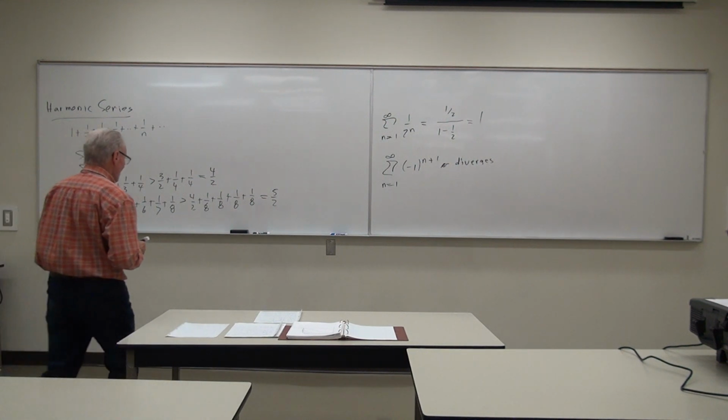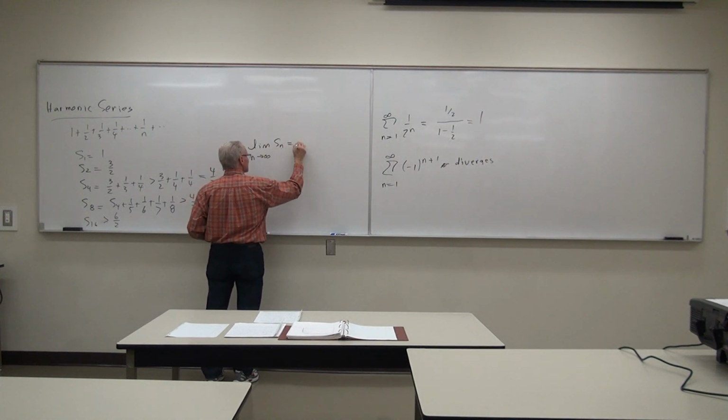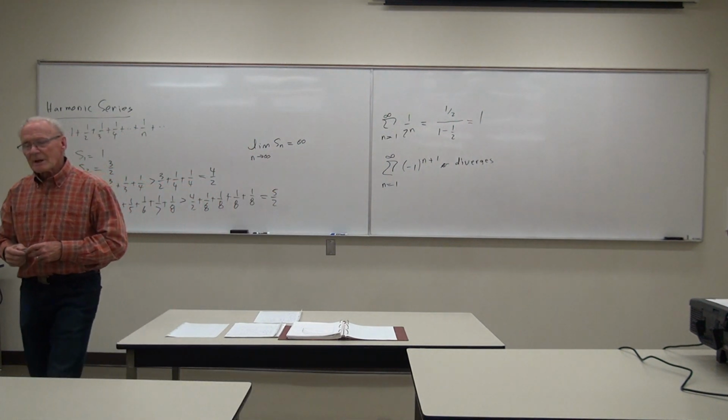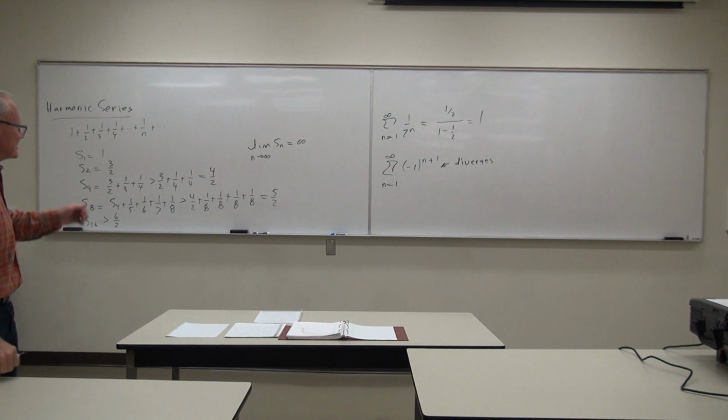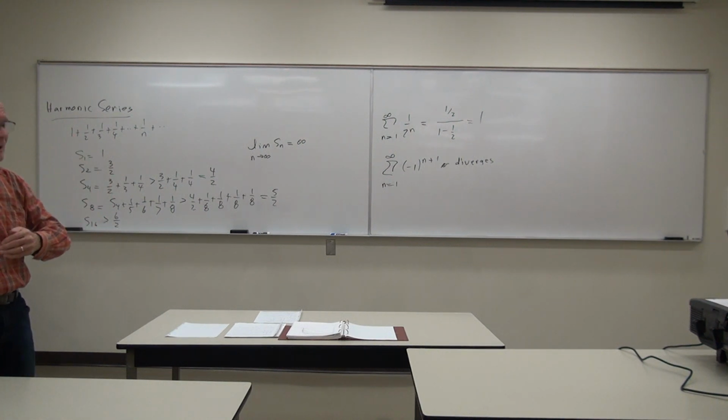Does this show that the limit as n approaches infinity of S sub n is infinity? That the terms in the sequence of partial sums just get bigger and bigger and bigger? They don't get big fast, but they do get bigger.